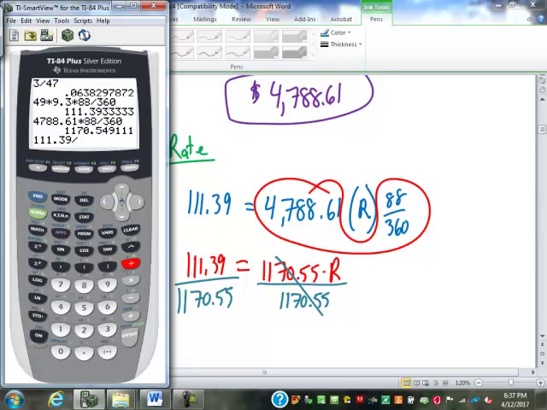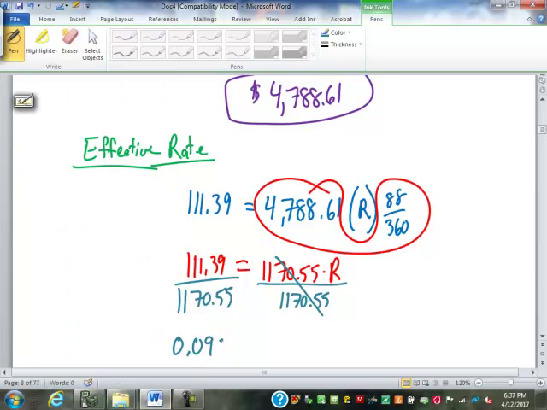Then you're going to press the second key up in the top left, and then the negative key down by your equal sign says ANS above it. Hit that. So it's telling your calculator to divide by the previous answer. We get 0.09516 equals my rate.